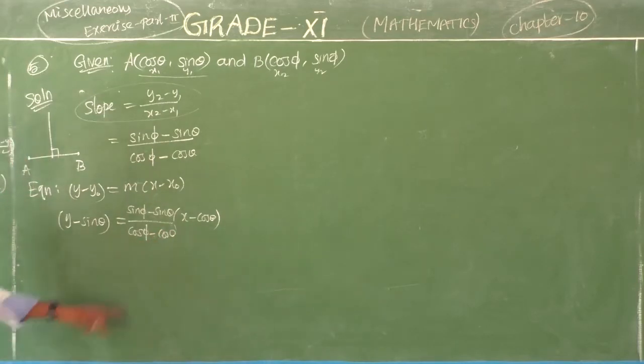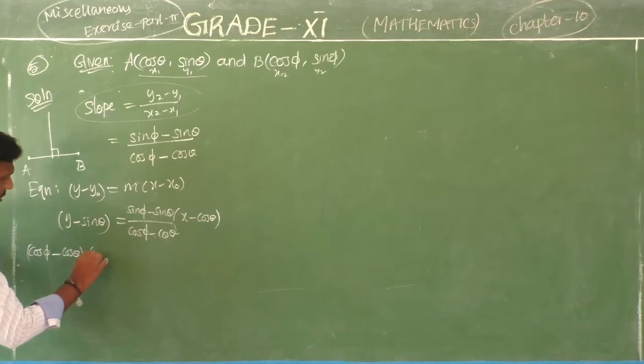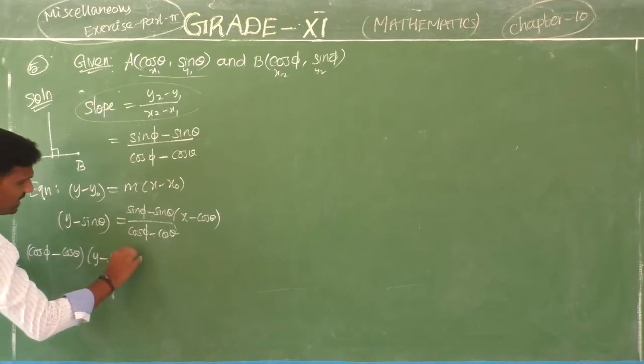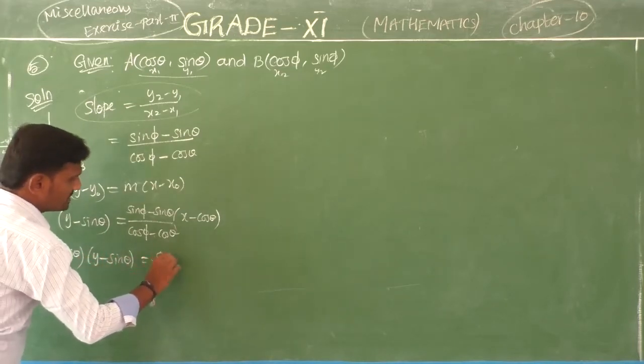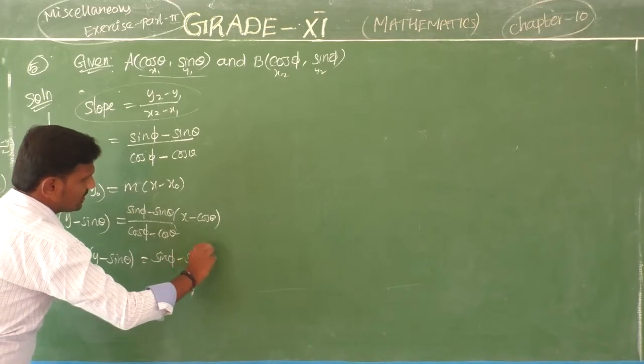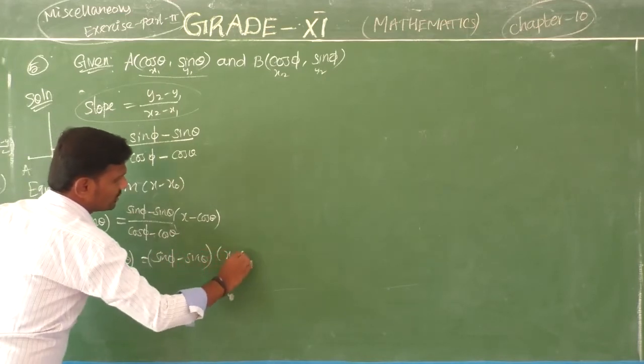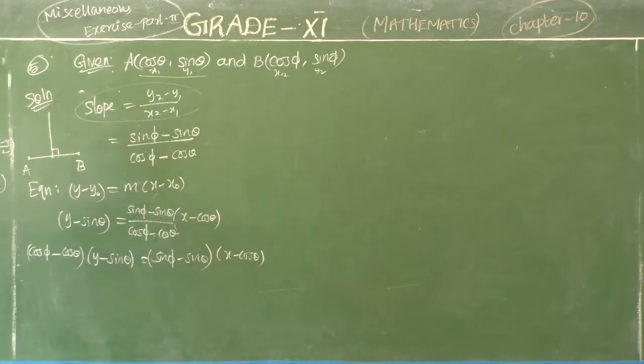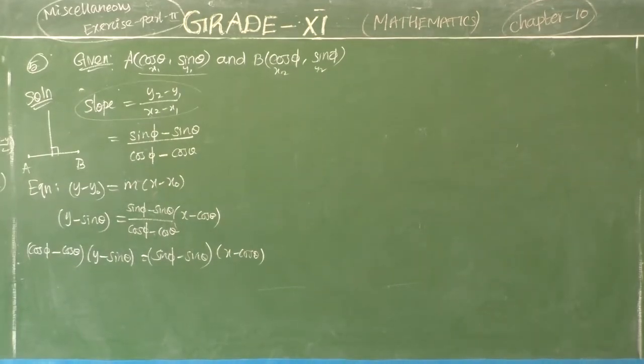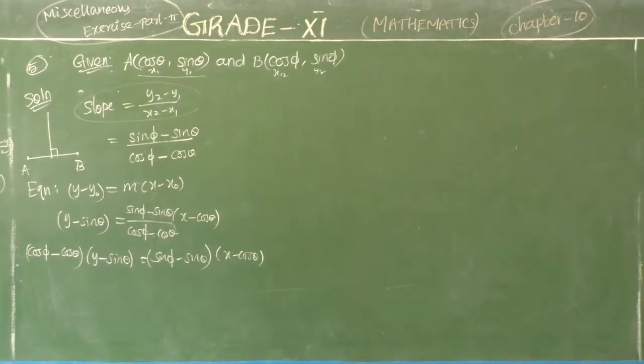Now the denominator I want to move to that side. It will come cos phi minus cos theta into y minus sin theta, which is equal to sin phi minus sin theta into x minus cos theta. Now we are going to multiply inside the bracket that cos phi minus cos theta.